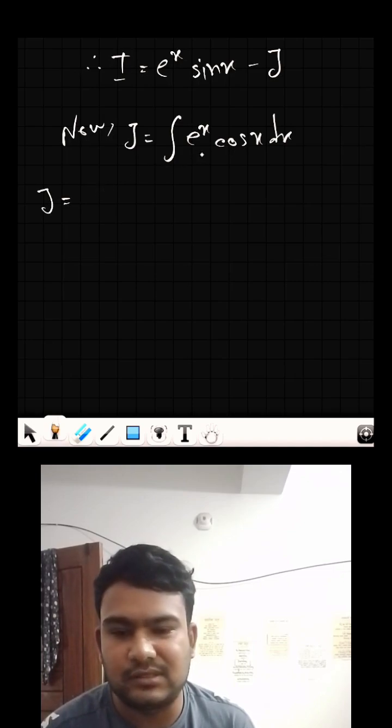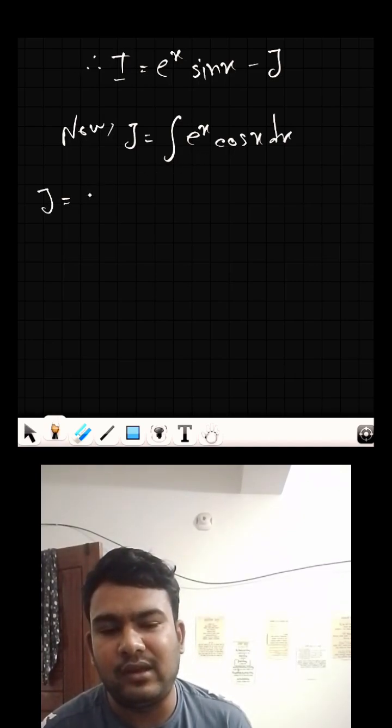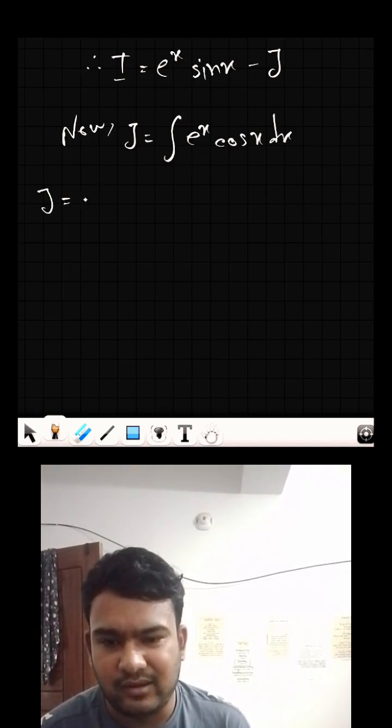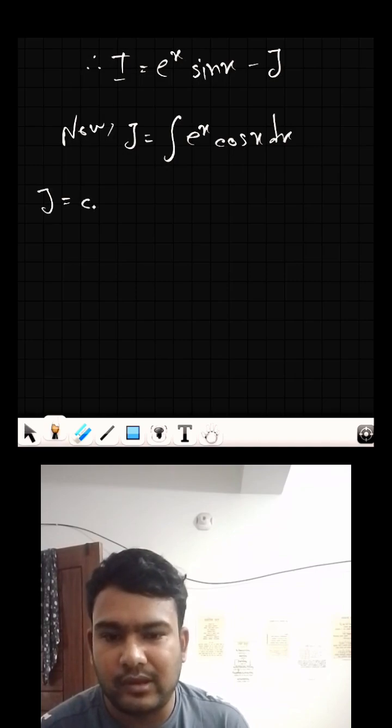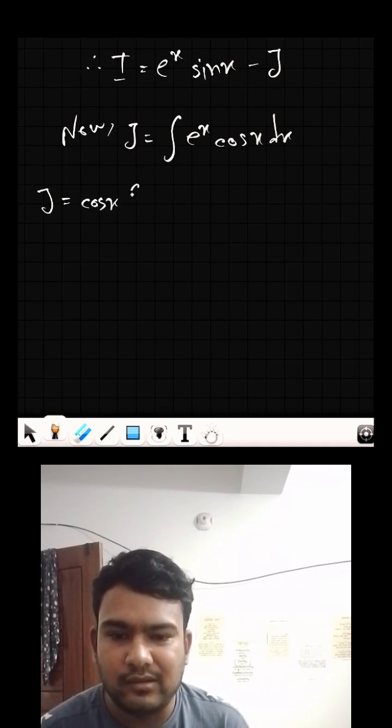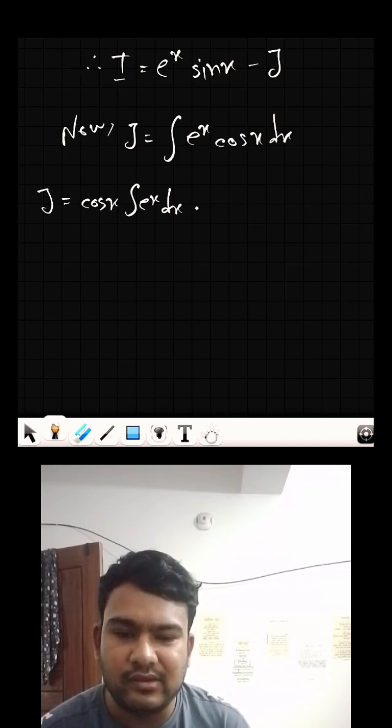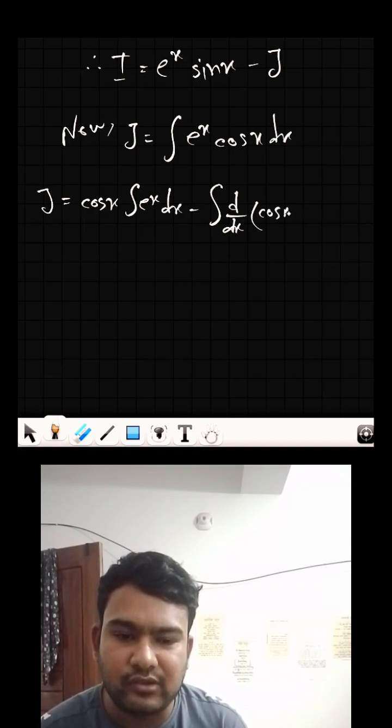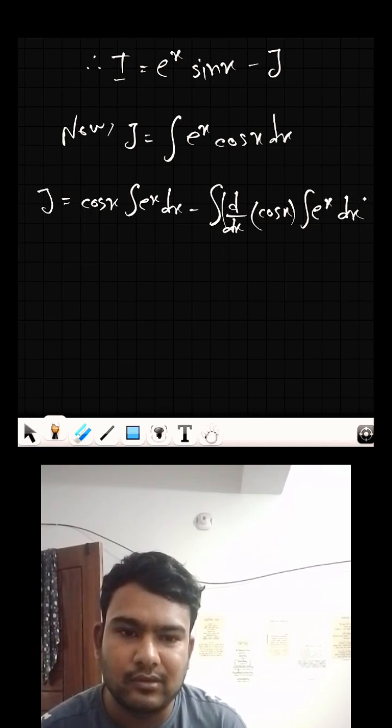Then in a similar way, cos x is u and e to the x is v, u integration v dx minus integration of differentiation of u integration of v dx and whole dx.